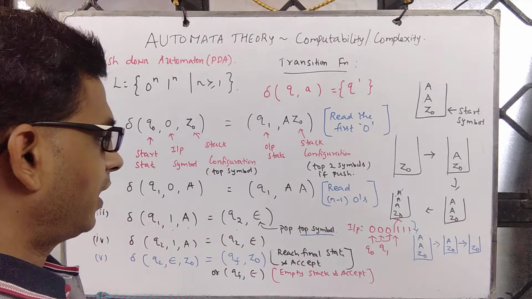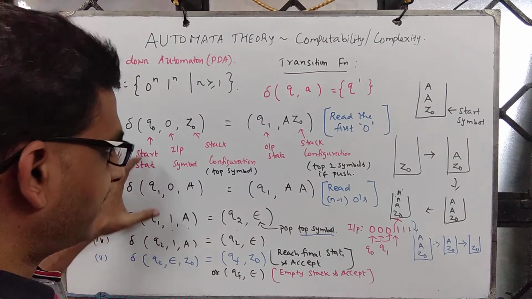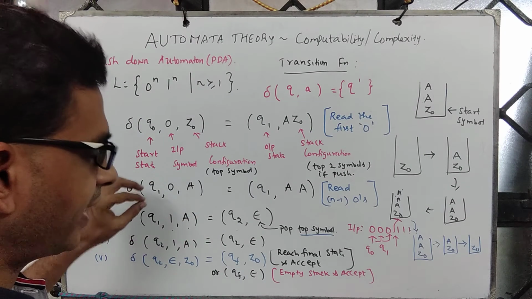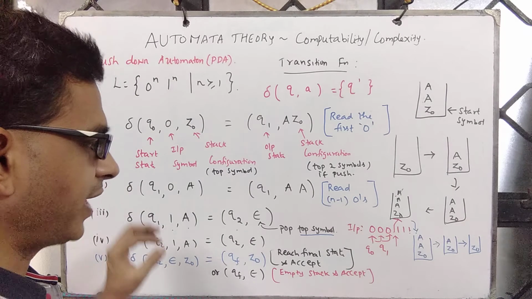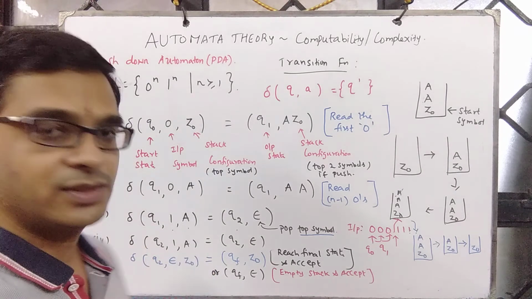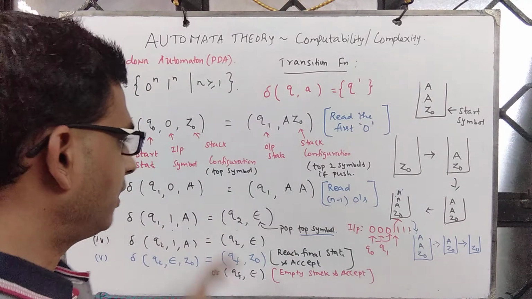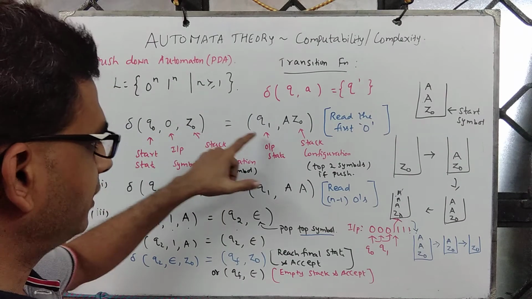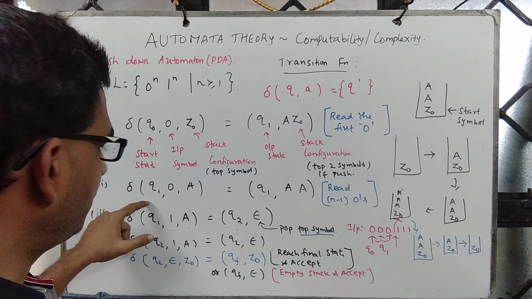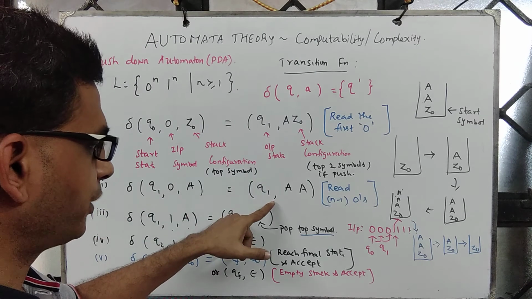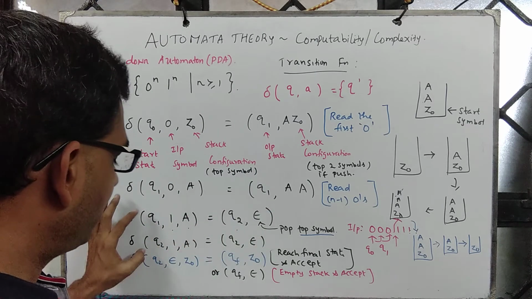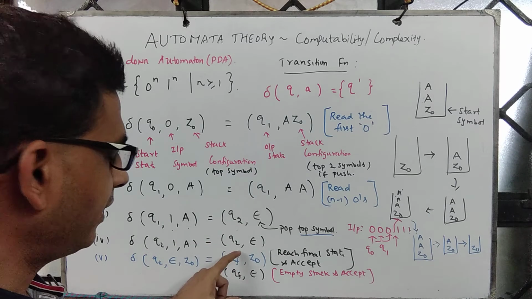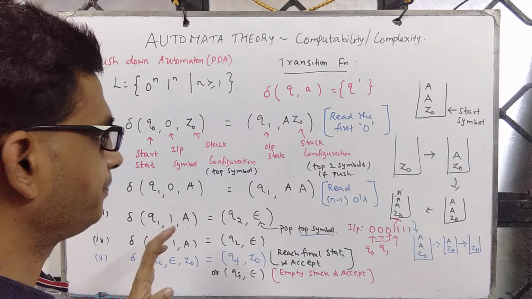Fine. And now it is a function, so there are other IDs which one has to write so that it becomes a function. Right now what we have written is Q0 reading a 0, it goes to Q1, Q1 reading a 0, it goes to Q1 again, and Q1 you read 1, you go to Q2, Q2 if you read 1, you go to Q2.